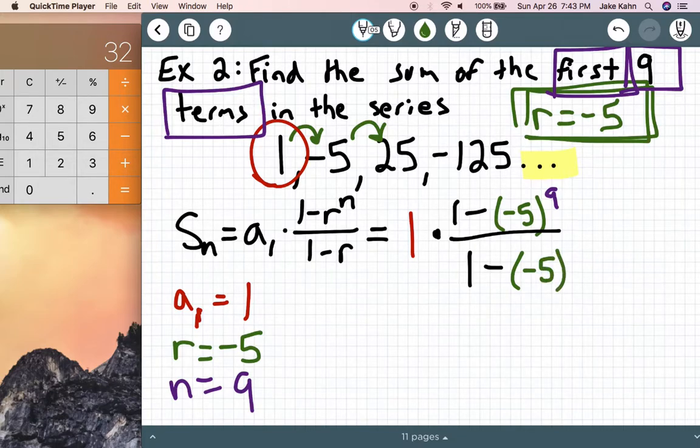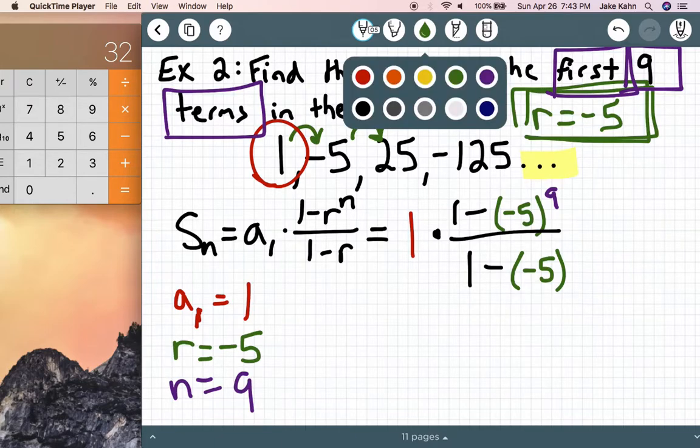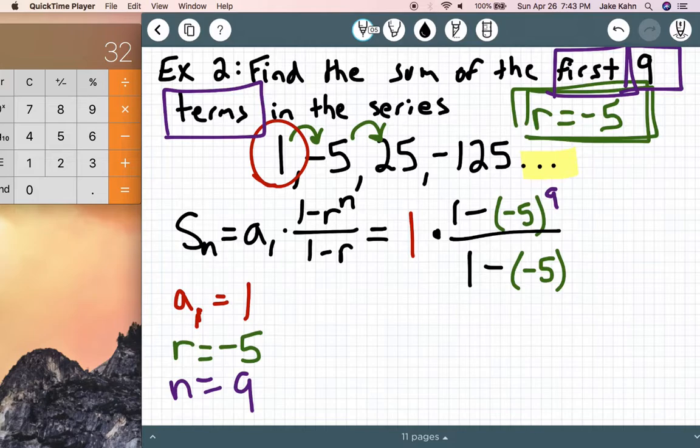Excuse me. And now just move forward and simplify as usual. Take care of the exponent first, then do the subtraction, divide, and you're at your answer, right? Feel free to pause the video at any point so you can work on it before I get to the answer, if you're that type of person.